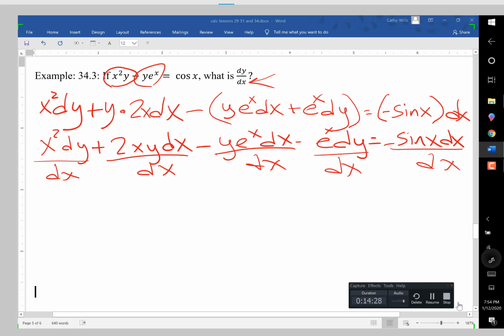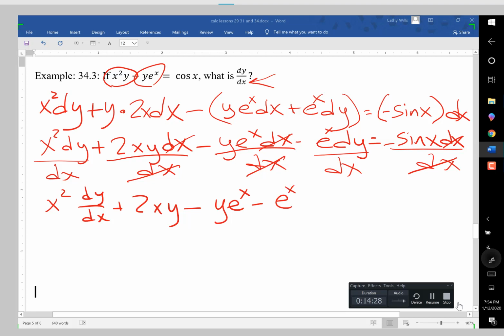All right, some of those will cancel here and here and here. So I've got x squared dy/dx plus 2xy minus y e to the x minus e to the x dy/dx equals negative sine x. And now I need to solve for dy/dx.